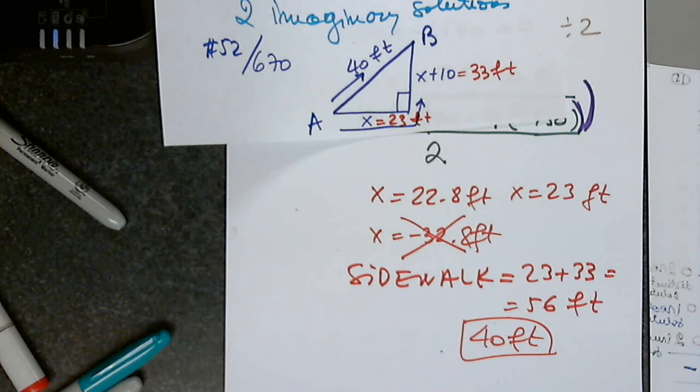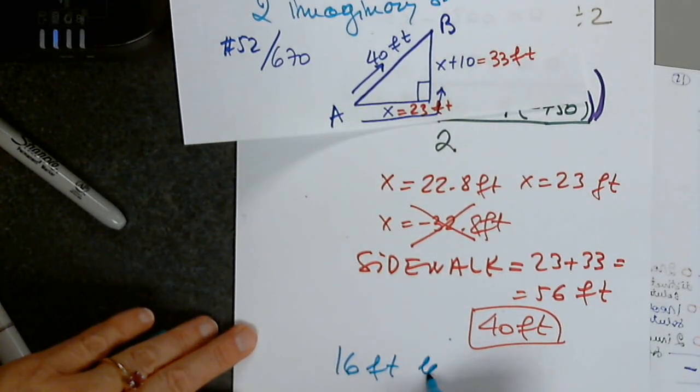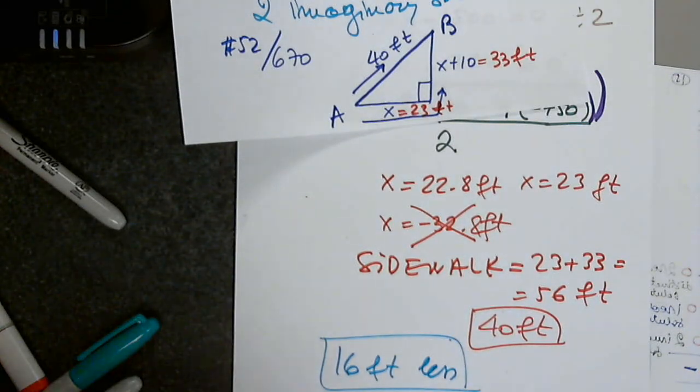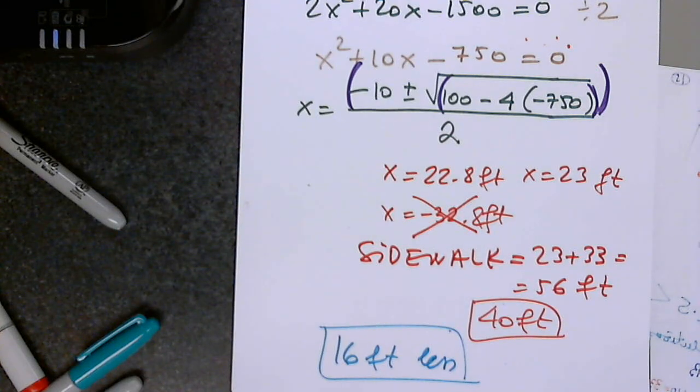How much less is that from 56? So he is, yes, 16 feet less to cut across the lawn. We could not have solved this equation earlier because we did not know the quadratic formula.